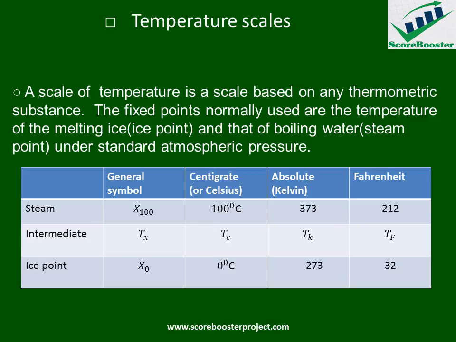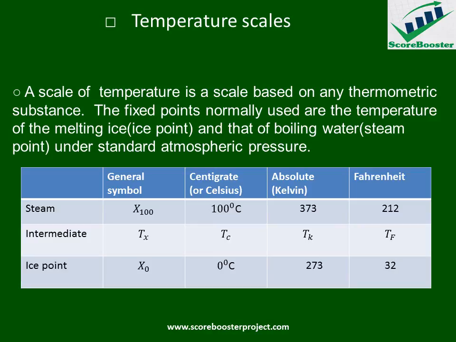I repeat, a scale of temperature is a scale based on any thermometric substance. And the fixed points normally used are the temperature of melting ice, which is the ice point, and that of the boiling point, which is the steam point under standard atmospheric pressure.